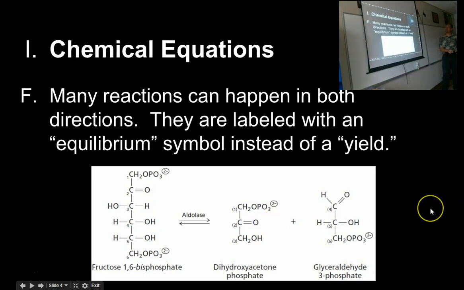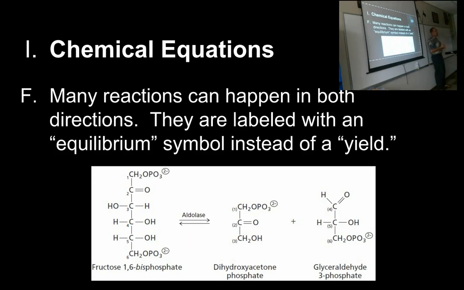So, many reactions can happen in both directions. And so in the methane plus oxygen gives you water and carbon dioxide, the last example. If you take natural gas and you have it in the presence of oxygen, and you give it a little spark, it burns.